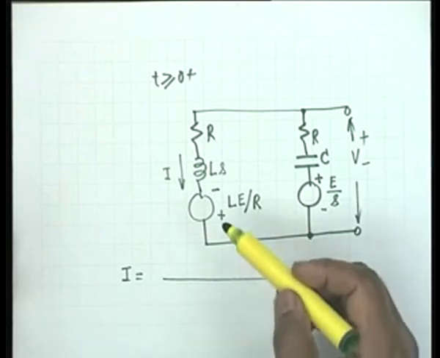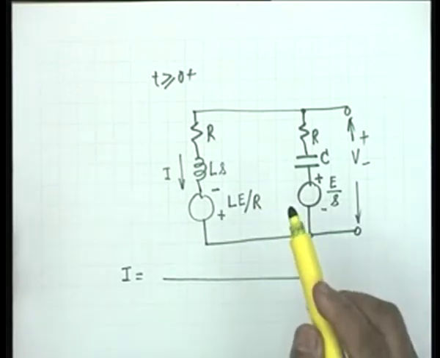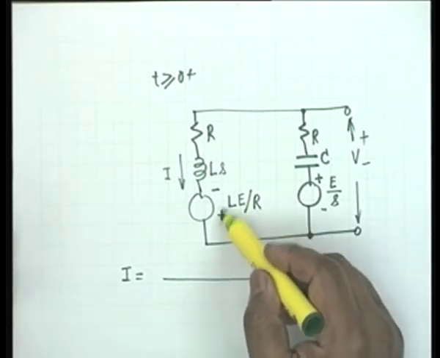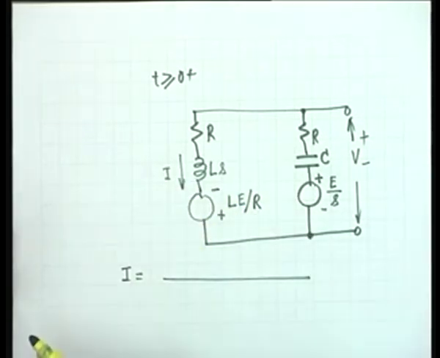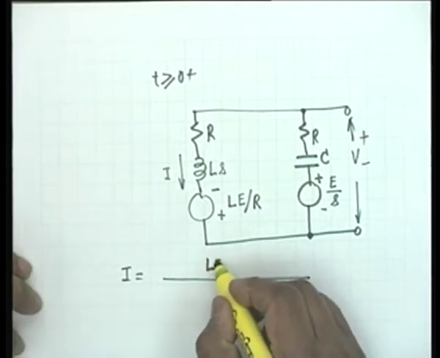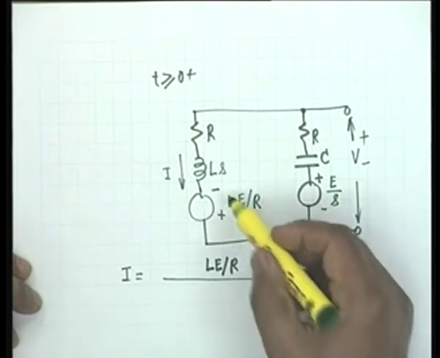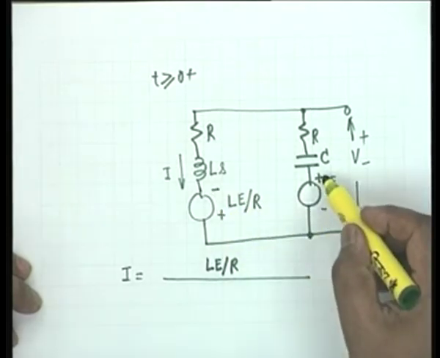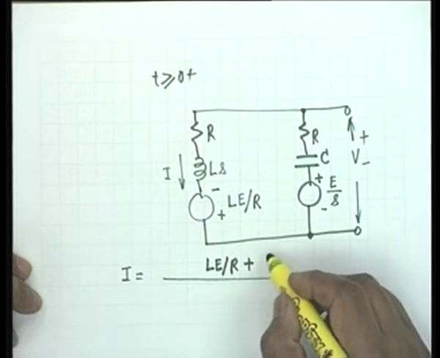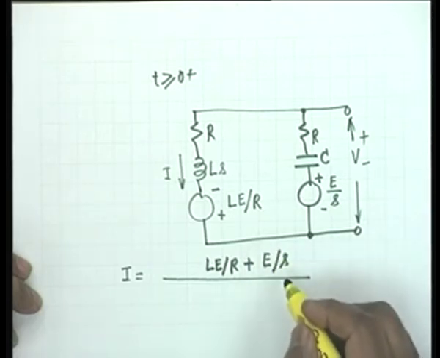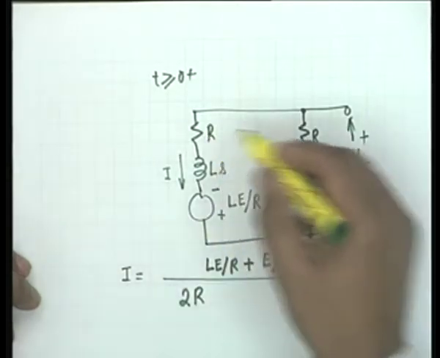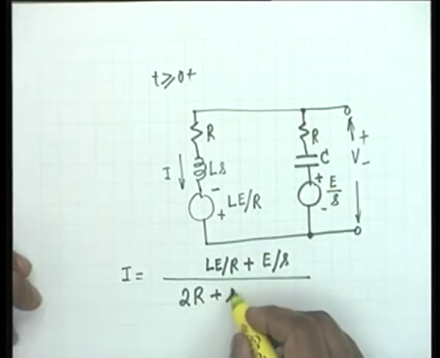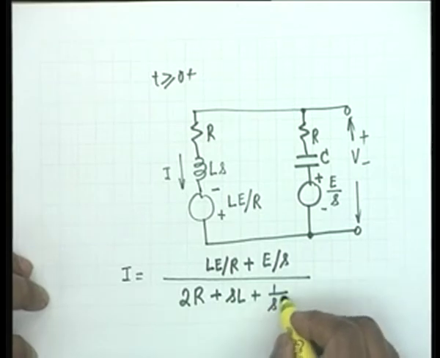Total driving voltage, you see, there is a question of sign now. L E by R, this voltage source tends to send a current favoring I, in the same direction, and therefore L E by R, then this one, minus plus, then minus plus, and therefore this should be added: E by S, divided by R plus R, twice R, plus SL plus 1 over SC.